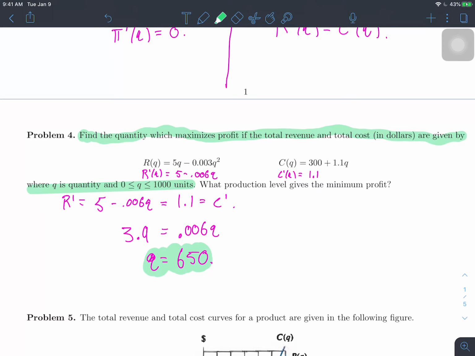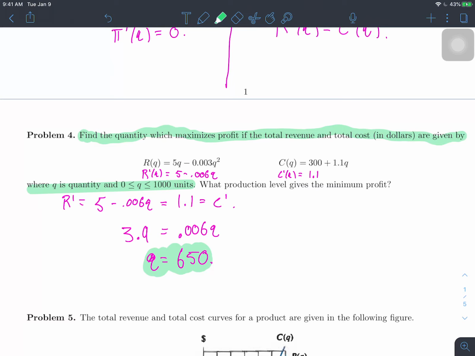Remember, we got f prime equal to 0, or at the endpoints, or where f prime doesn't exist. Thank you. Why don't I have to worry about f prime not existing here? Well, R of q is a polynomial. C of q is a polynomial. If I subtract these two functions to get the profit function, I take two polynomials and I subtract them, I get another polynomial.